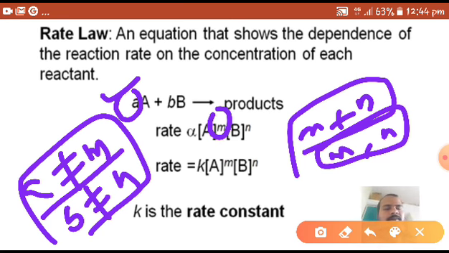These two will always differ for a complex reaction taking place in several steps, that is, reactions which involve more than one step. For those reactions, law of mass action and rate law are different.